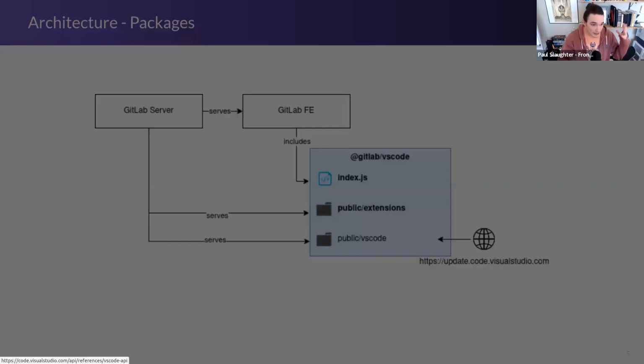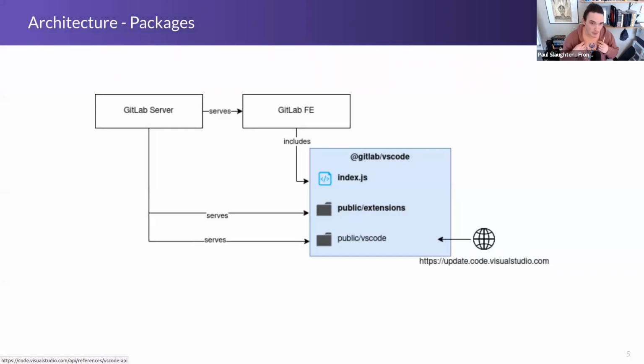So I want to dive into the architecture, and then we're going to go to the demo. The main thing that we're adding in this effort is a package, which I'm just calling GitLab VSCode. There are two things going on with this package.